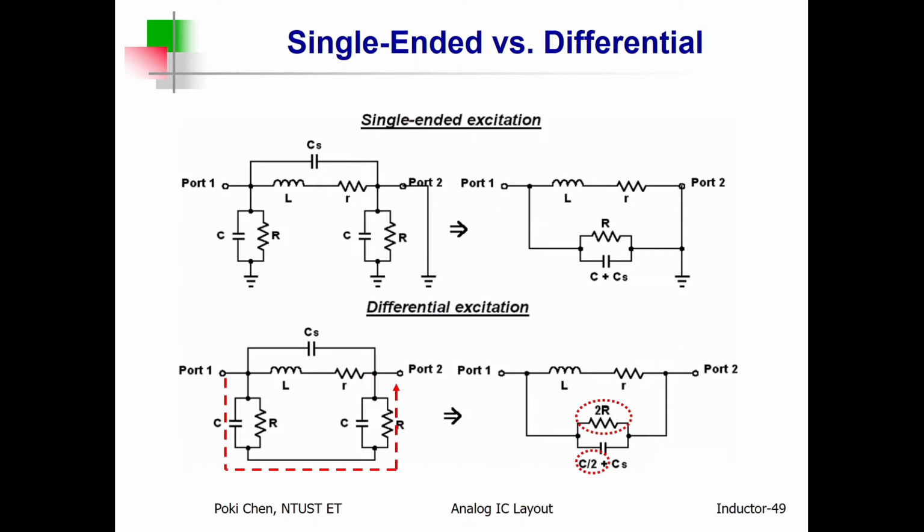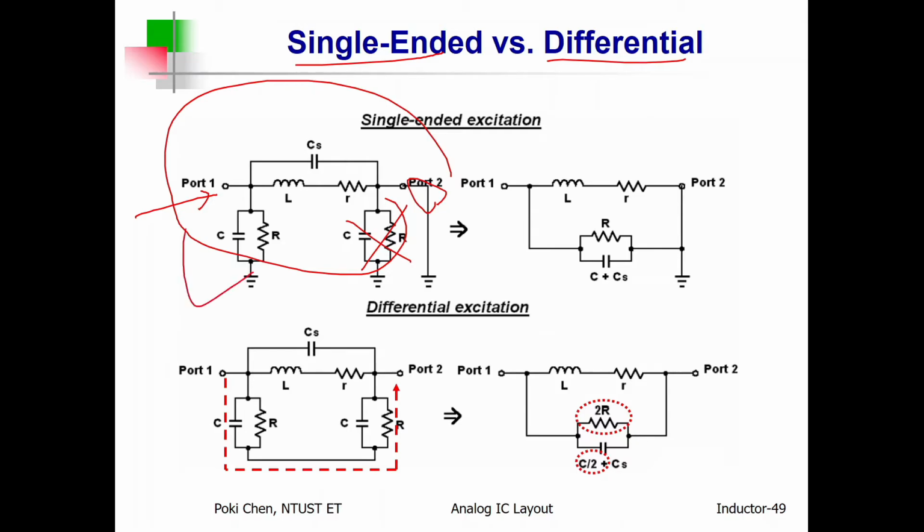Then let's focus on the operation of your inductor, single-ended or differential. For the same inductor model, for single-ended excitation, you have your input here and AC ground at the other terminal. Then you will see this one disappeared. You only have this left.